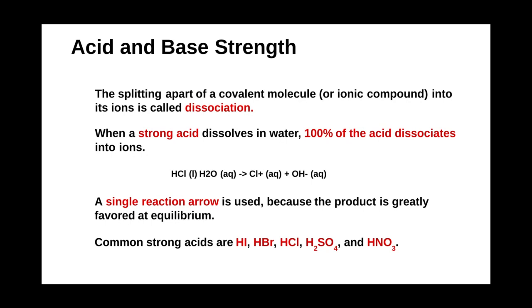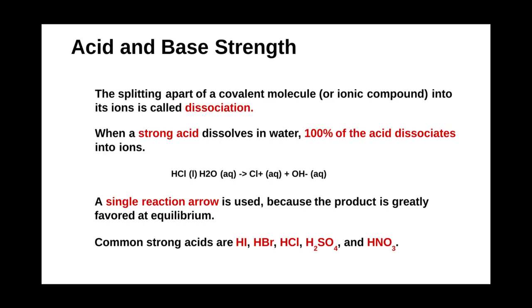Now, when a strong acid, such as hydrochloric acid, dissolves into water, 100% of the acid dissociates into ions. So what we can see here is hydrochloric acid reacts with water, forming the chloride ion and the hydronium ion. Hydrochloric acid, the strong acid, water is the base, conjugate base, conjugate acid. In this case, if it's a strong acid, you'll notice that the arrow only goes one way. Why is that?